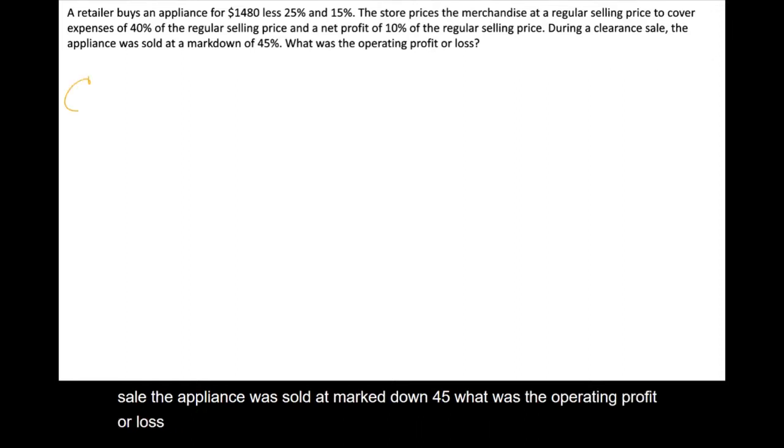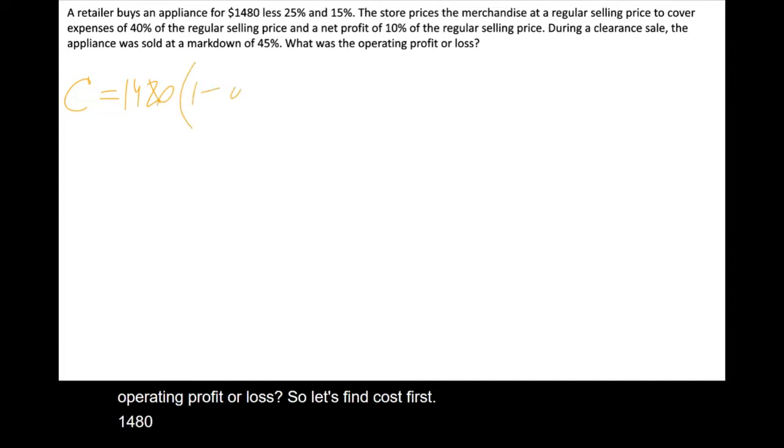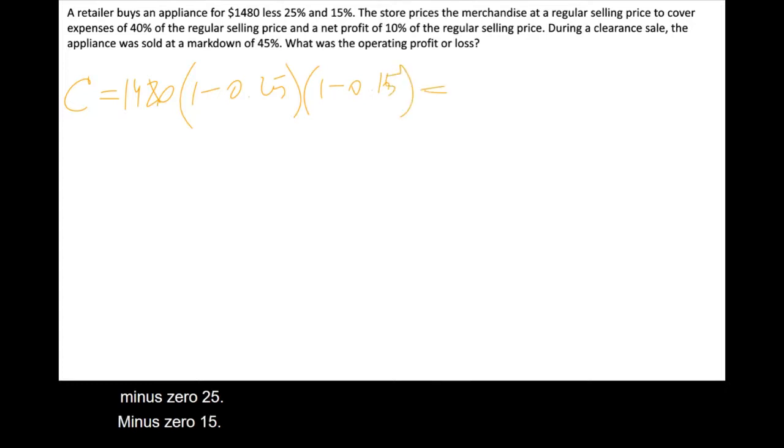So let's find cost first. 1480 times 1 minus 0.45, times 1 minus 0.15. Okay. 943.50. Okay, that's the cost.